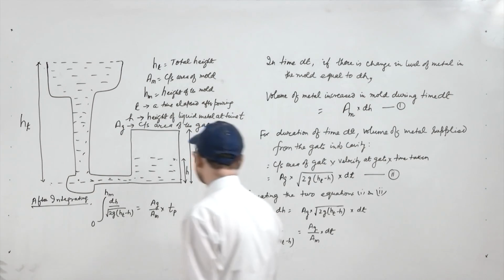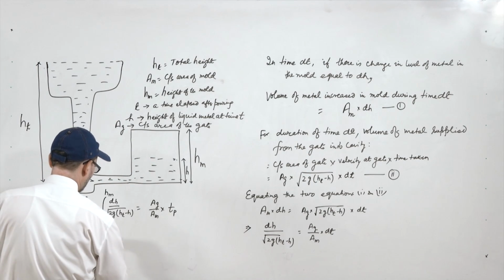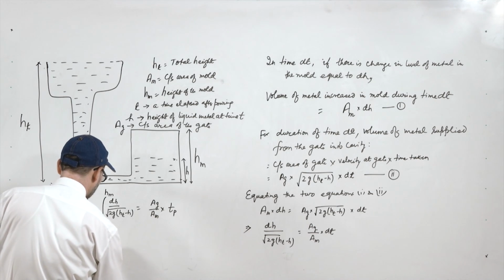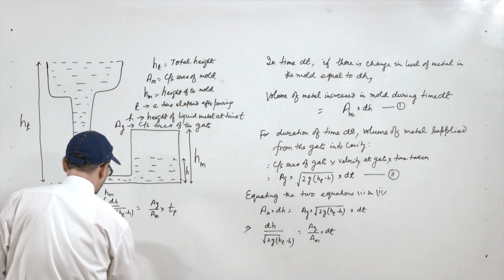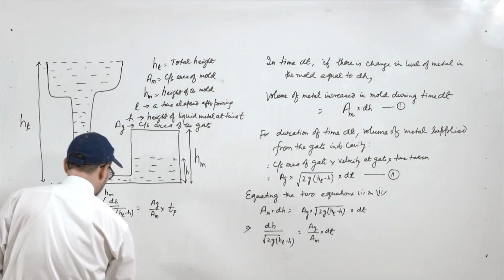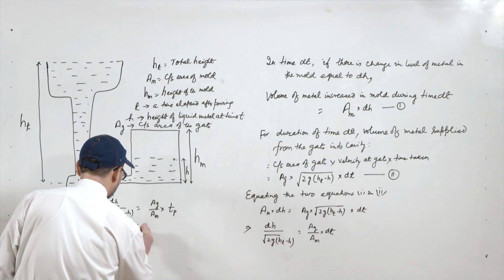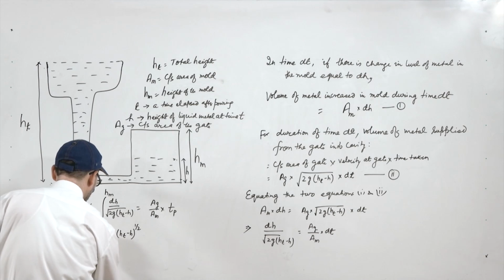So, what you see is this will be 1 by root 2g, and then minus of (ht minus h) to the power half, multiplied by 2.